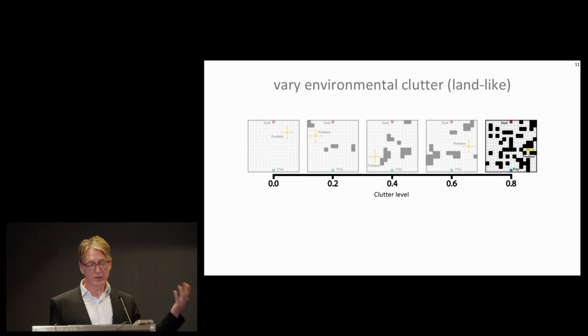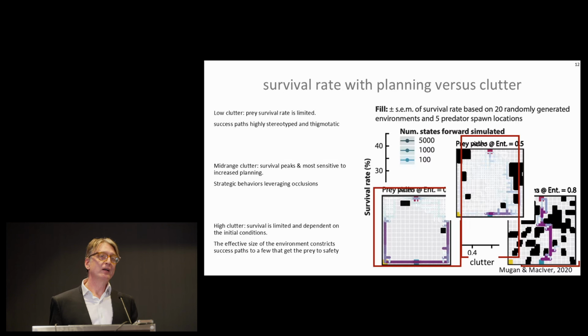Now we go into a different mode of modeling. Now we're going to actually add clutter. We have a metric for clutter and a way to randomly generate hundreds and hundreds of worlds for statistical robustness. I'm going to show you now how planning efficacy varies as a function of terrestrial-like clutter in this very idealized environment.